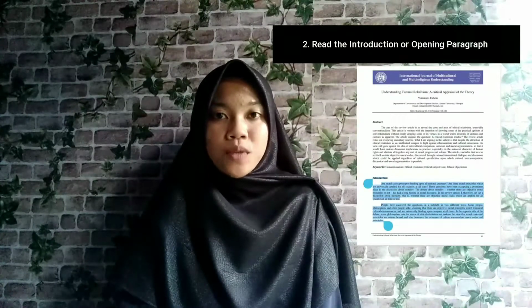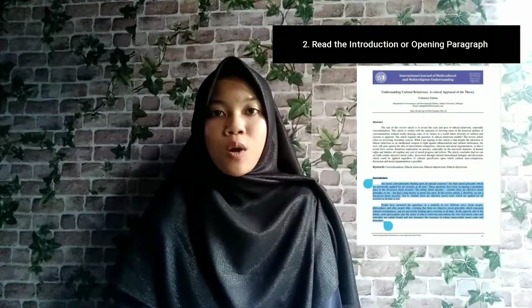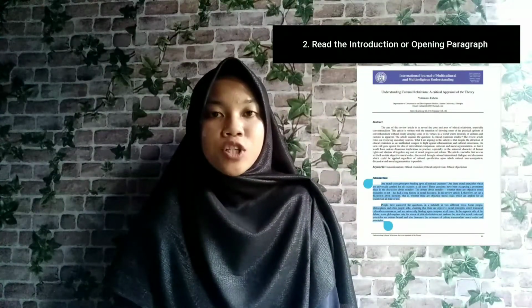Step number 2, read the introduction or opening paragraph. The introduction or opening paragraph usually provides information or an overview or outline of the content of the reading. The section also contains information or clues about the author's mindset.